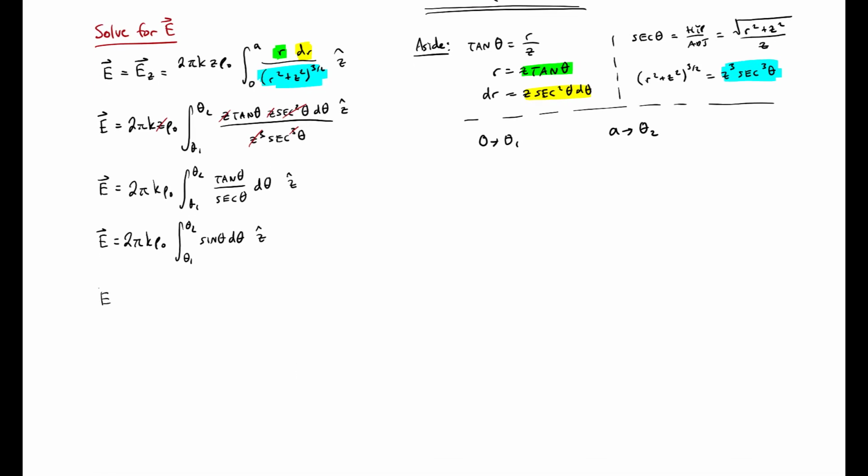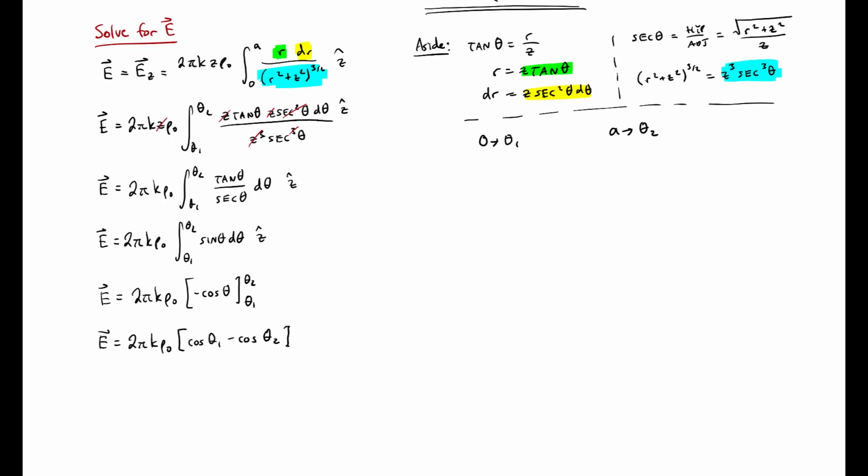So now we have E is equal to 2 pi k rho naught times the integral of sine theta, which is negative cosine of theta, from theta 1 to theta 2. And because this is negative, we can simply say this is cosine of theta 1 minus cosine of theta 2.